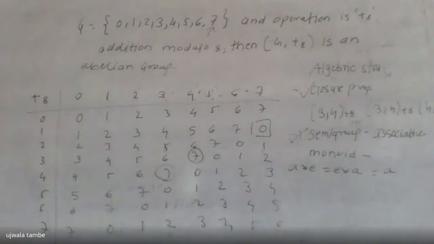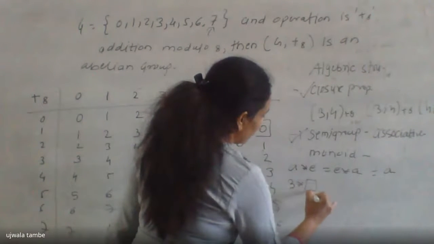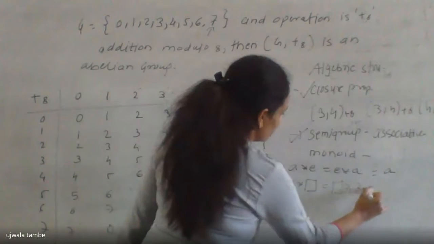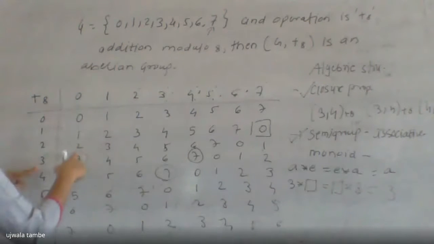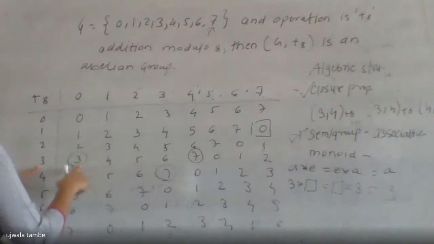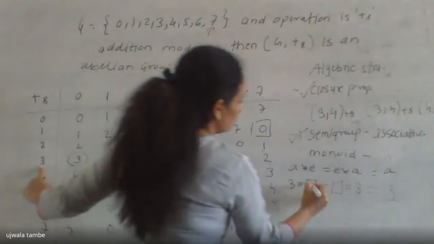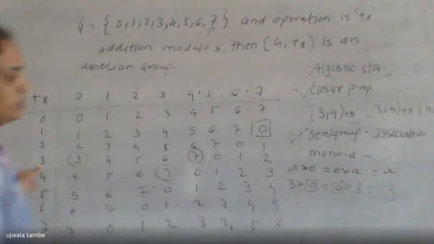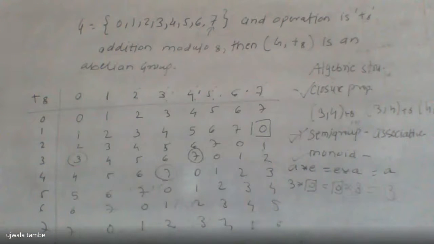So suppose with respect to 3, we have to find the identity element which gives us 3. So 3 mod what gives the result 3? I think 0. 3 with respect to 0 gives 3, which is the identity element. So for 3, 0 is the identity element. So it satisfies the identity as well. So this is a monoid. Then go with inverse.